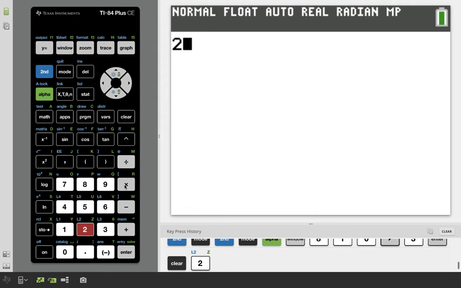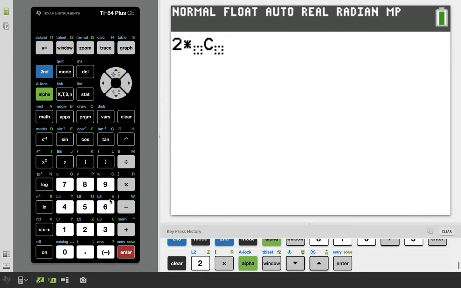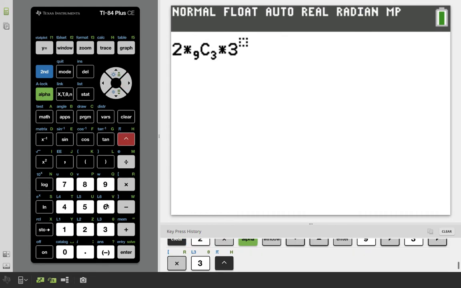2 times 9 choose 3 was the first one. And then it was a 3 to the power of 6. And then I've got to remember there was a minus.